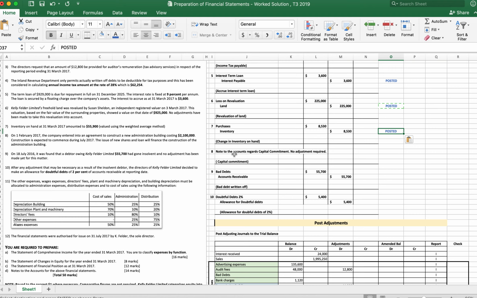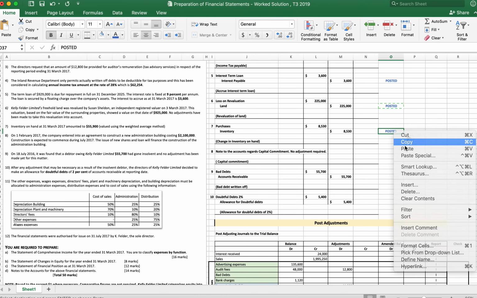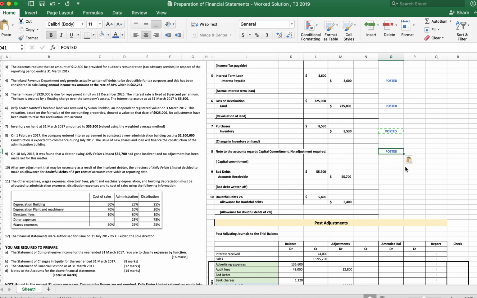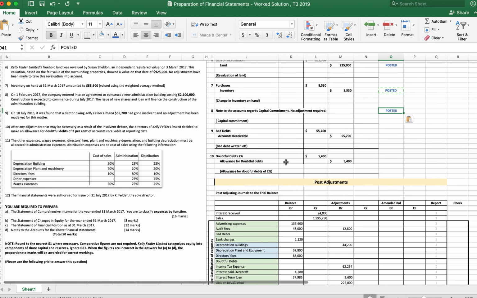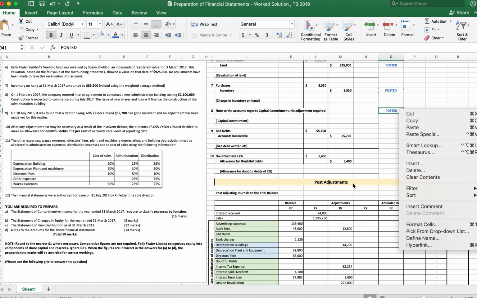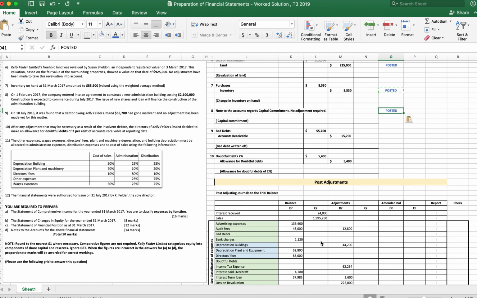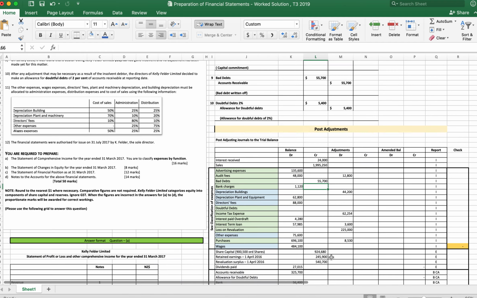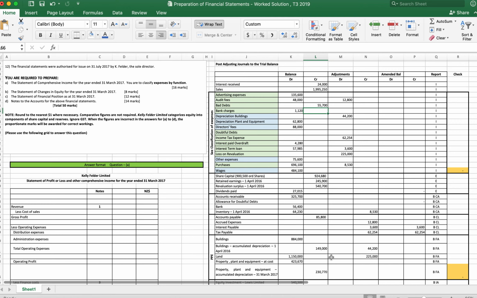Okay, next note, I've already told you about that. Okay, bad debts. Bad debts, bad debts. Accounts receivable is reduced.